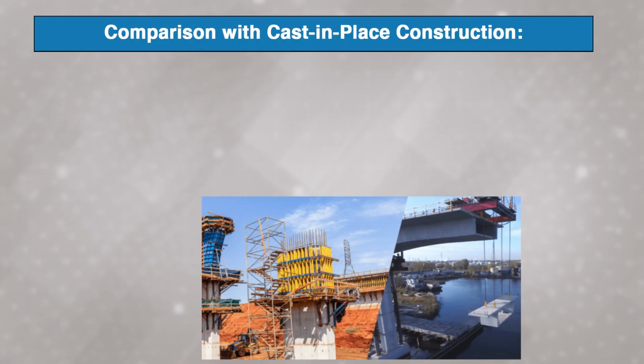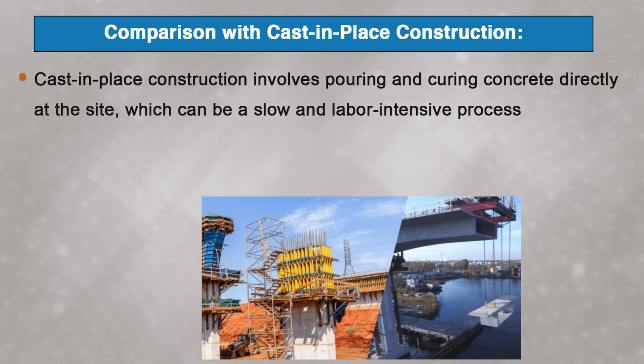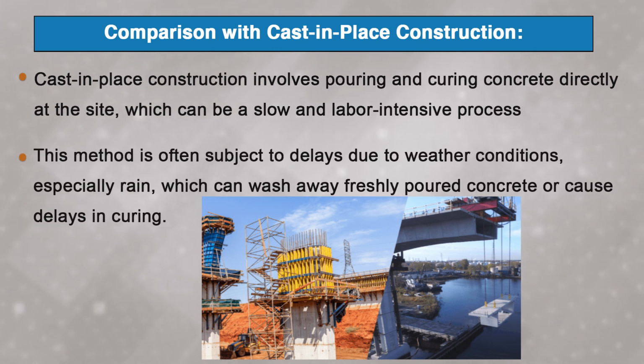Now, let us have a comparison of cast in place construction with precast construction. Basically, cast in place construction involves pouring and curing concrete directly at the site, which can be a slow and labor intensive process. This method is often subject to delays due to weather conditions, especially rain, which can wash away freshly poured concrete or cause delays in curing.